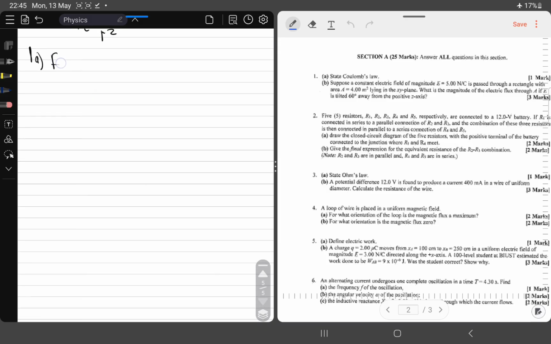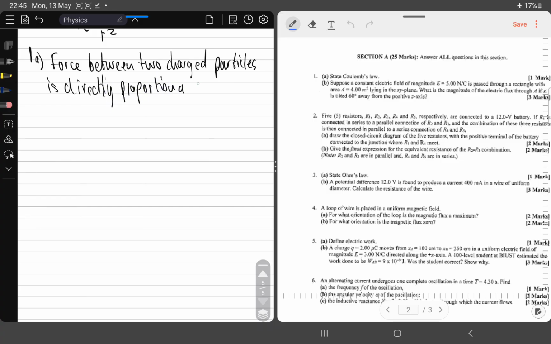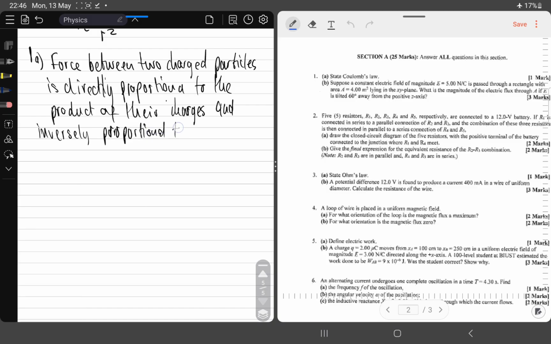So when we say that the force between two charged particles is directly proportional to the product of their charges, and inversely proportional to the square of their separation, which is the square of the distance between the two charges. And that's it. Now we go to part B.